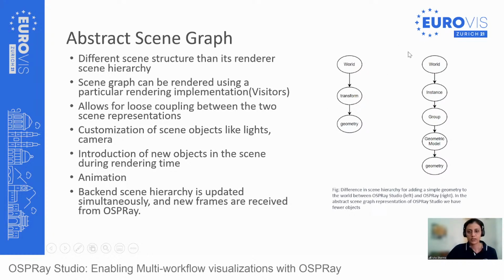So the scene graph can be rendered using a particular rendering implementation. For example, a visitor will implement this. Currently, we have one visitor for implementing the OSPRay rendering implementation, and it allows for loose coupling between the two scene representations. And this also allows for implementing features like animations, which change the transforms that are applied on the geometry.